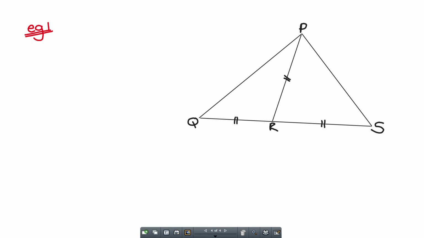Of hulle sê vir jou PQS lê binne, of is punte op die rand van, of die omtrek van die sirkel, dan yes, kan jy dit. Maar omdat hulle hier niks sê van sirkels nie, kan ek nie daai aanname maak nie. Asseblief moenie dit doen nie.